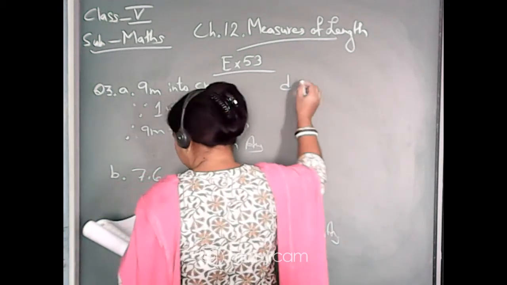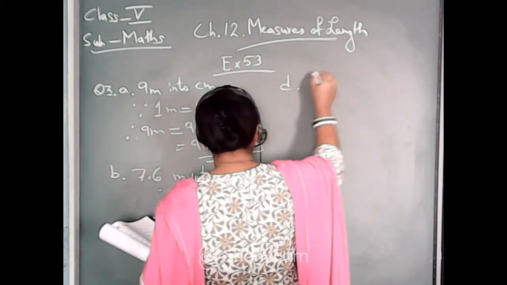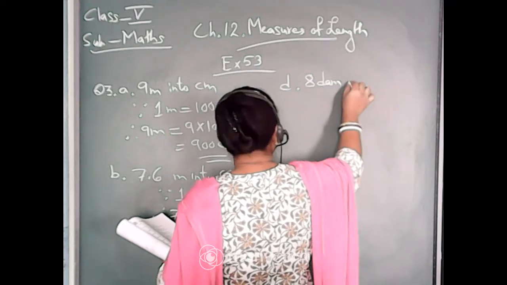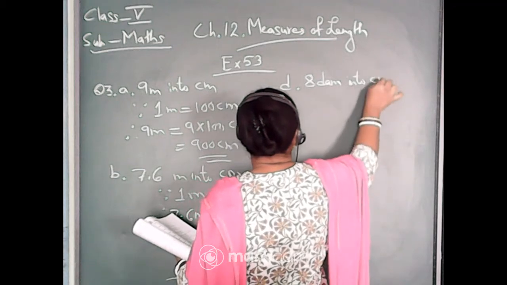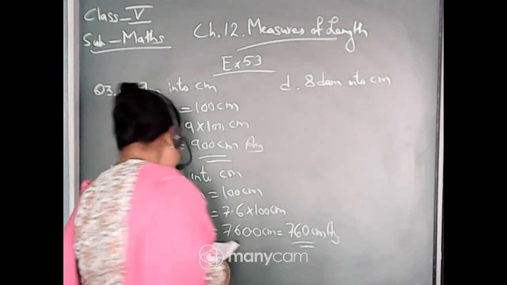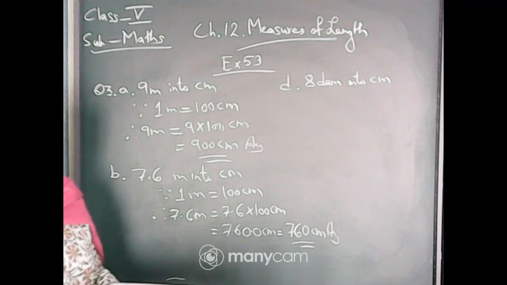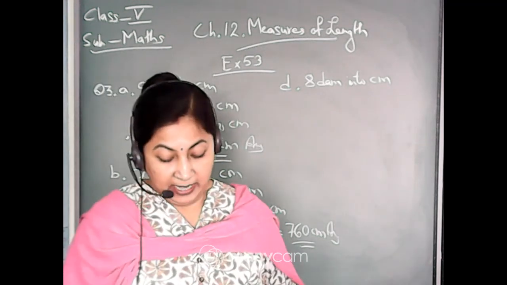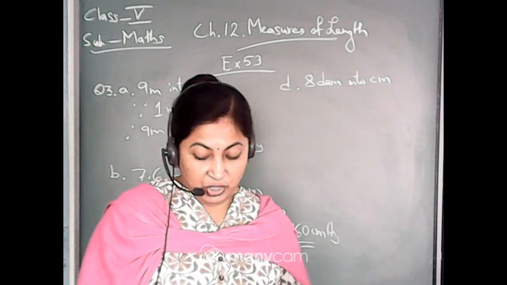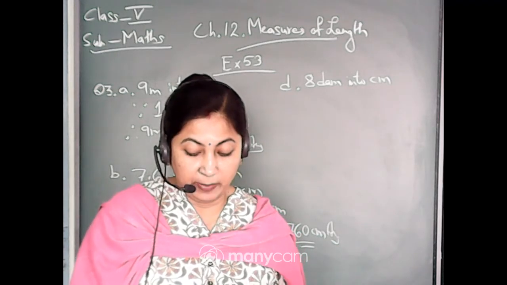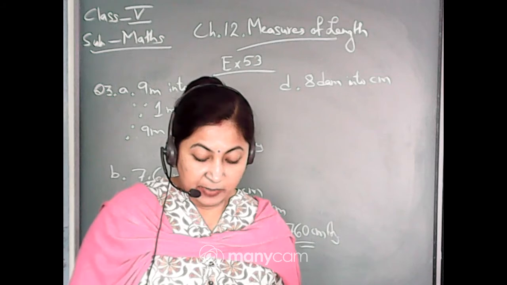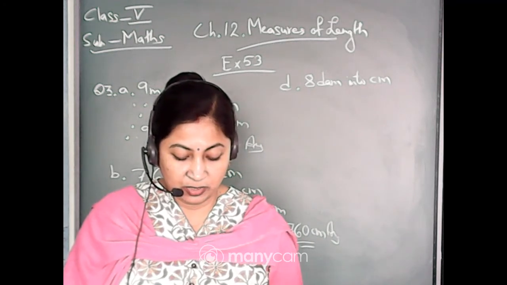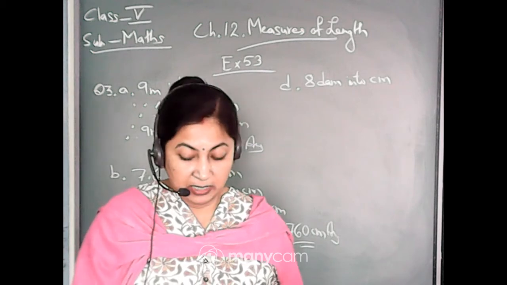Okay, let us do number D. Number D is given 8 decameter into centimeter. Now you have to convert decameter into centimeter. As we know in the chart of the units, decameter is the higher unit and centimeter is the lower unit. So 1 decameter is equals to 1000 centimeter.